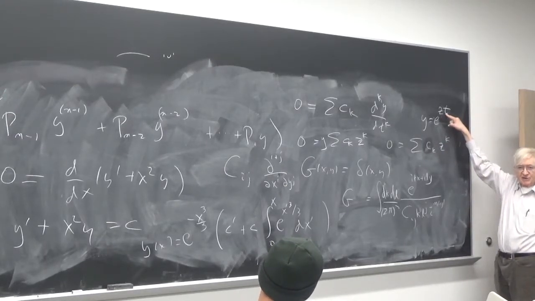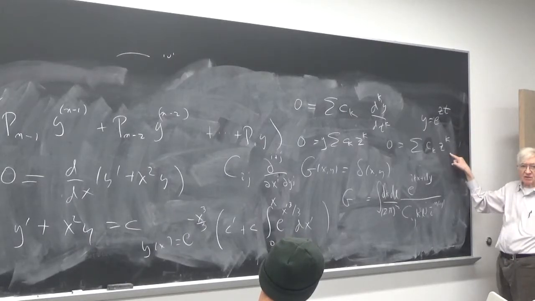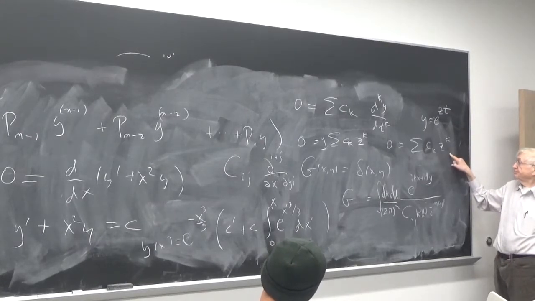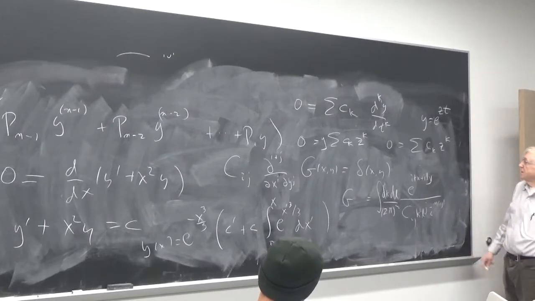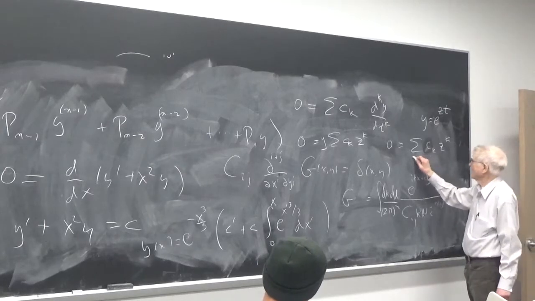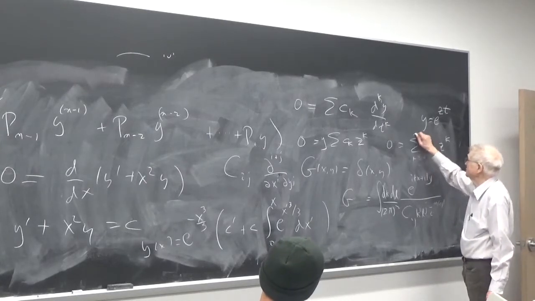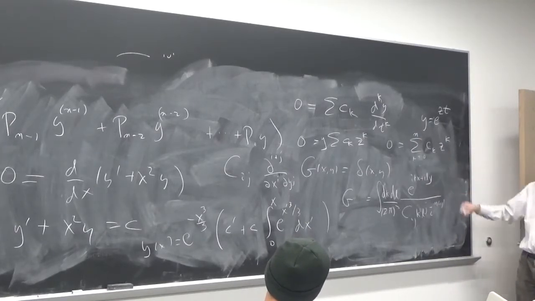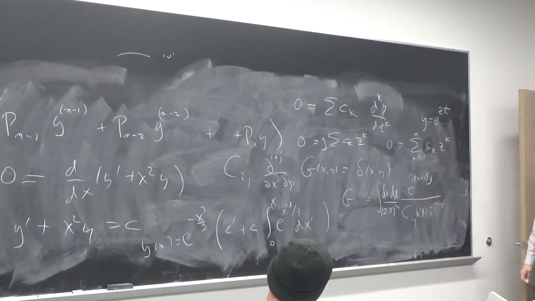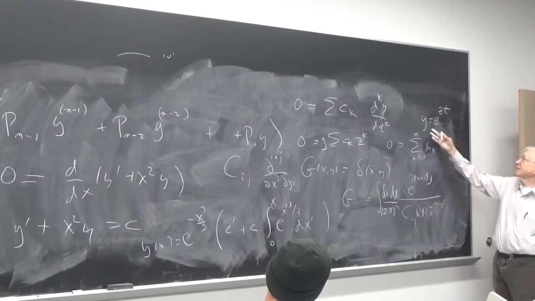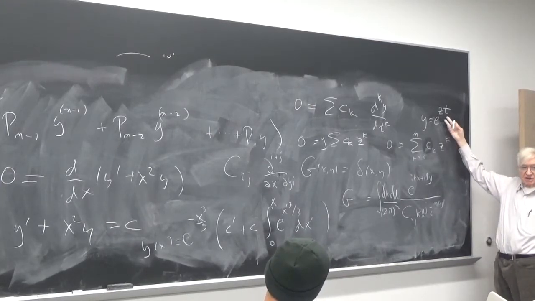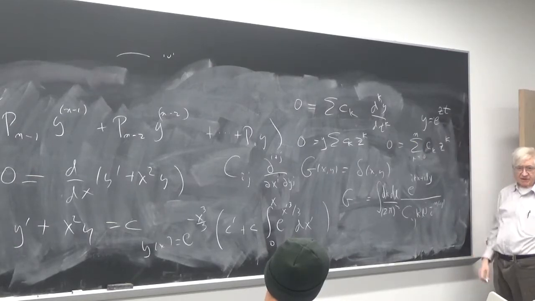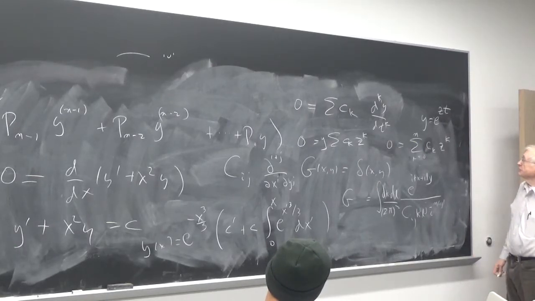The fundamental theorem of algebra tells you that if k goes from 0 to n, there will be n roots of that. And so you solve them, find them, and then you get n solutions for those different values of z.